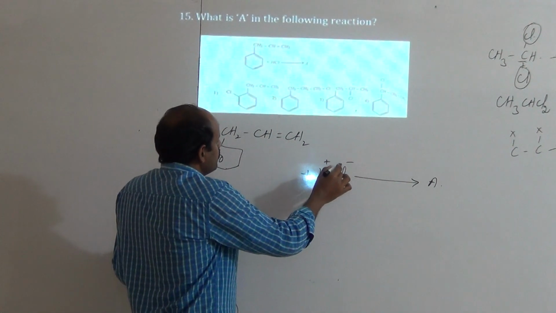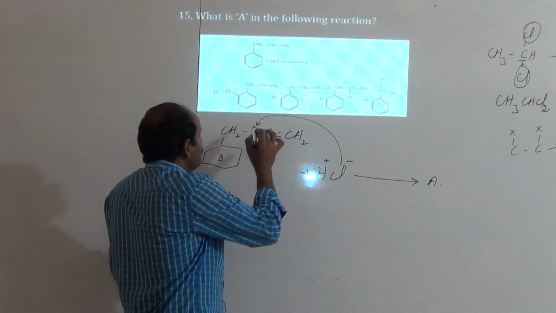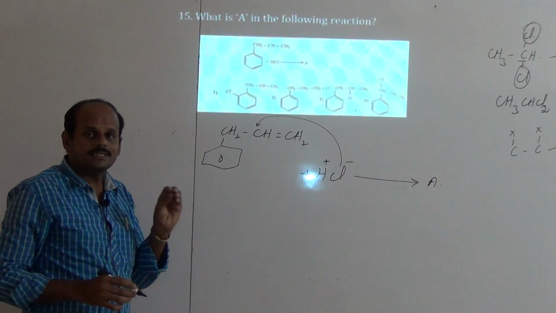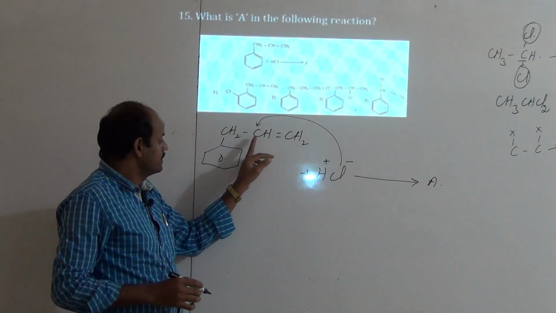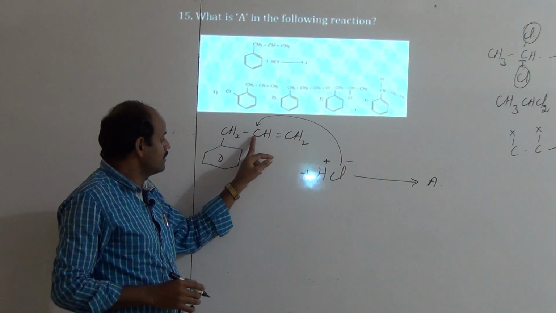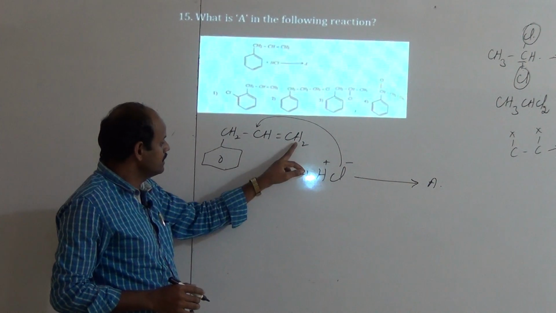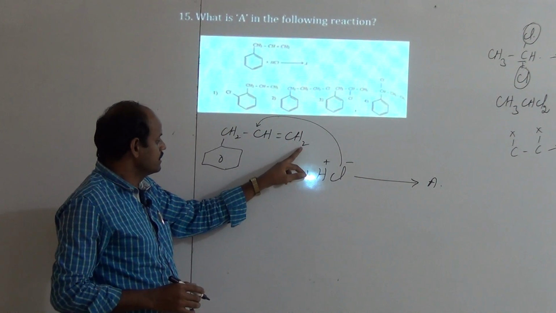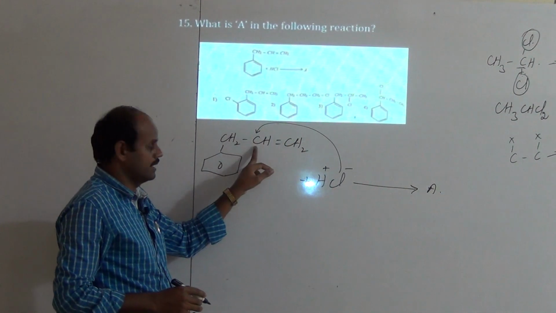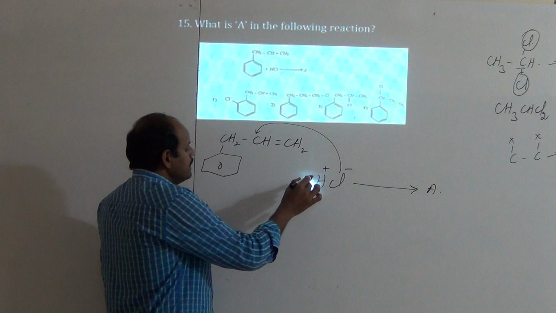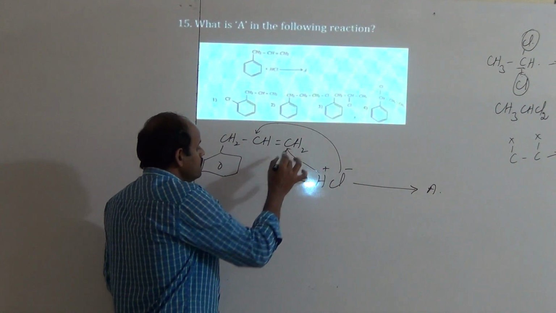Then this negative part is added to the double bonded carbon atom with fewer hydrogens. Here it is a double bonded carbon atom. It is also a double bonded carbon atom, but this carbon atom has one hydrogen, but this has two hydrogens. Which one is less? One only. Thus Cl minus attacks this carbon. Then automatically this hydrogen attacks this carbon.